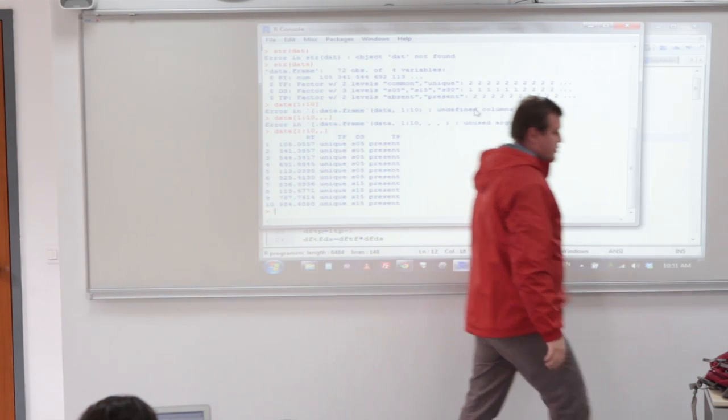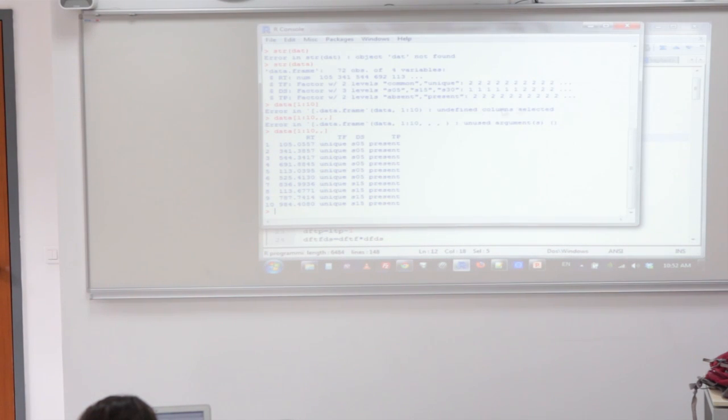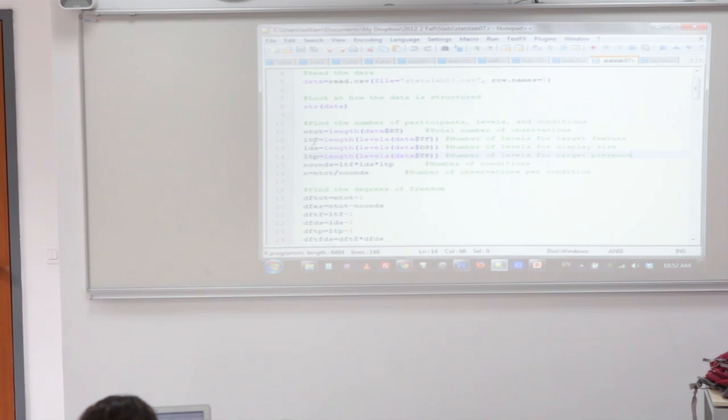So we've got 2. I found the total number of observations, and the total number of levels for our first factor, for our second factor, for our third factor. I figured out how many different conditions we have. That's just the number of levels for each factor multiplied together.